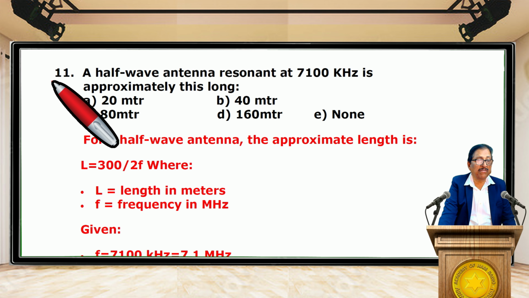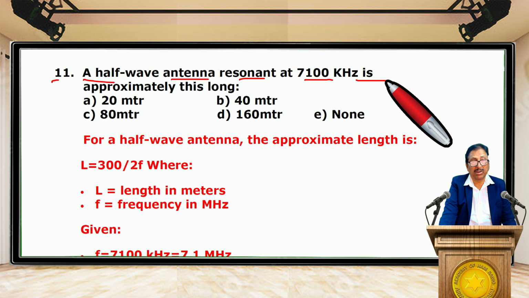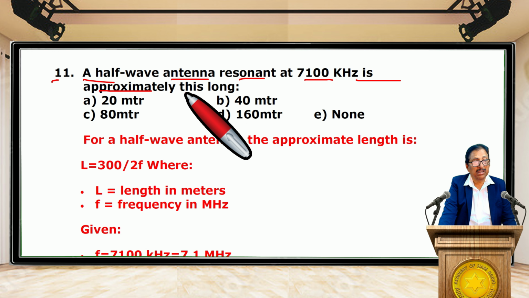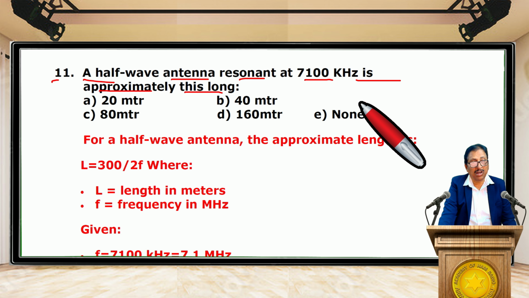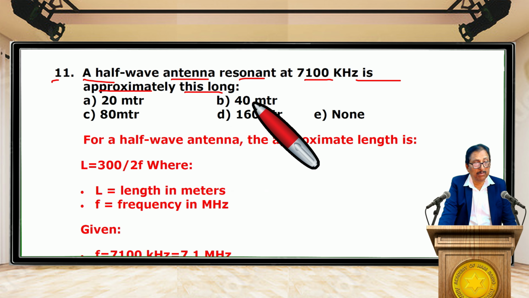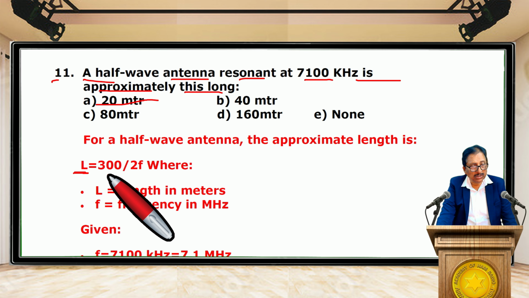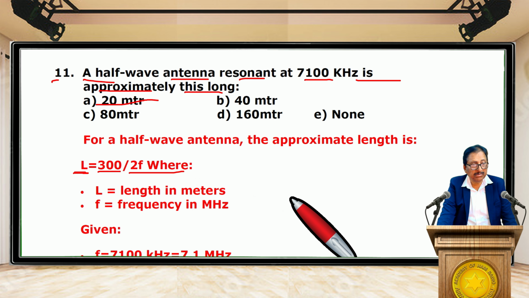Here, question number 11. A half-wave antenna resonates at 7100 kilohertz, approximately this long. The half-wave antenna will be 20 meters. So the formula: we know the length of a half-wave dipole is L equal to 300 by 2f, where L is length in meters and f is frequency in megahertz.